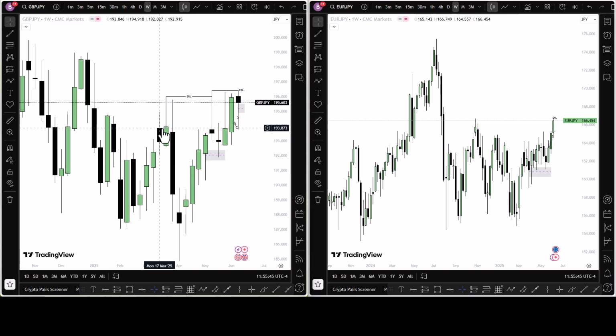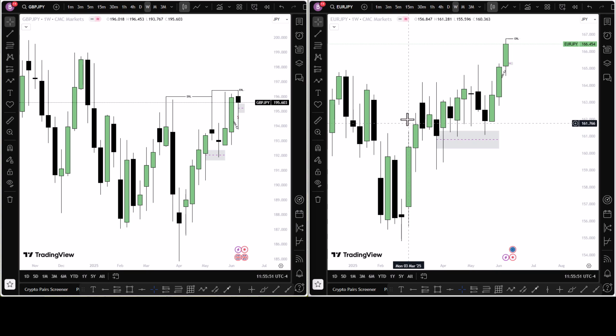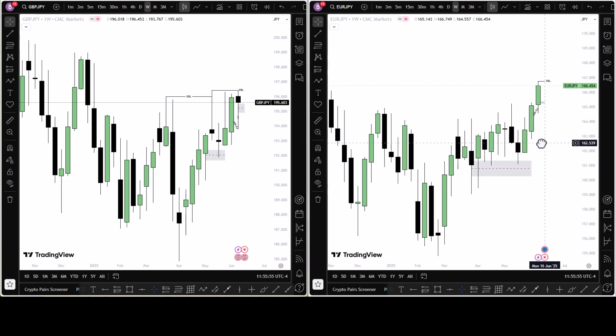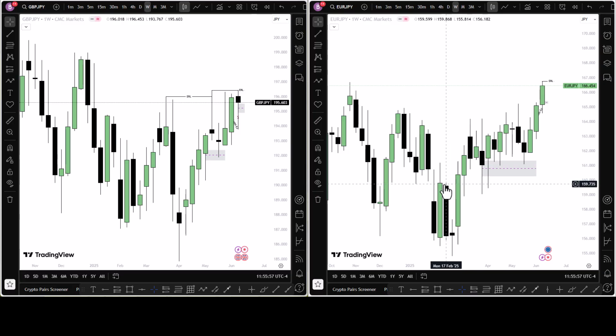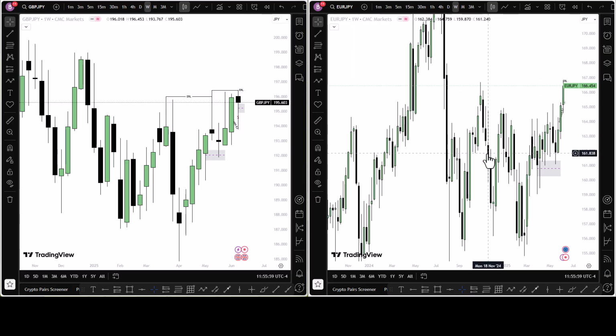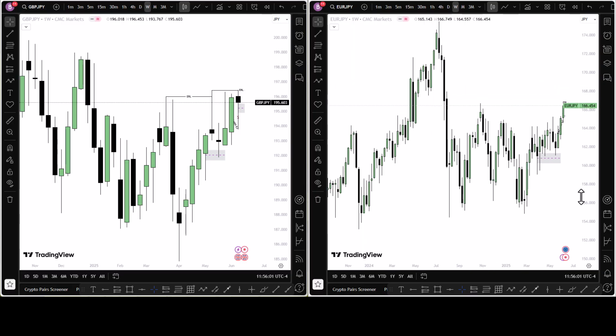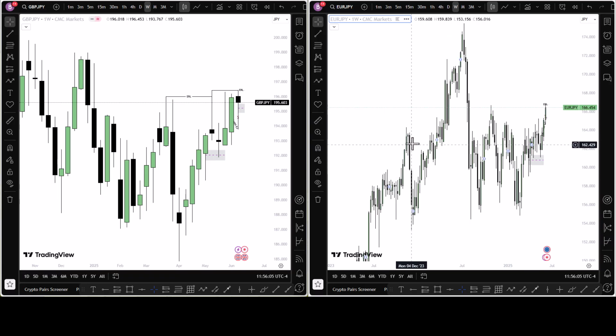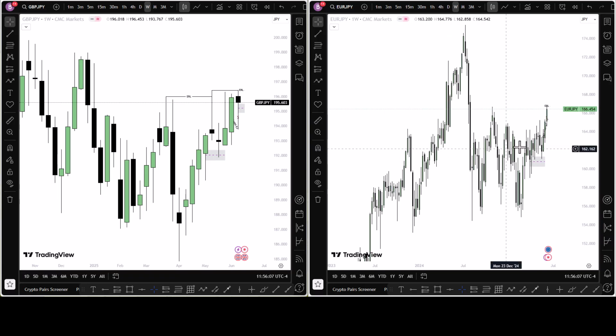So we have a breaker block and price is on it on the weekly. There is not much detail. Here on EURJPY, we see the same thing. Price is also bullish, and price is sitting on this other block here. So we are expecting bullish prices on the weekly.